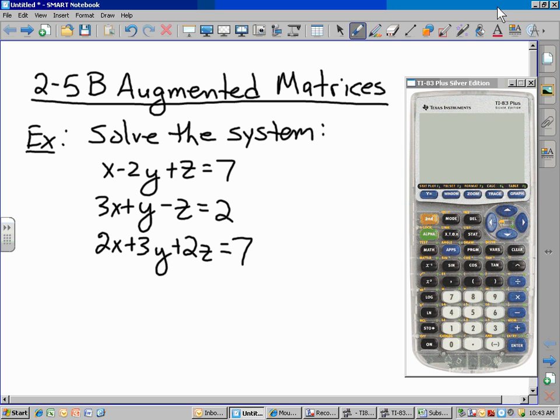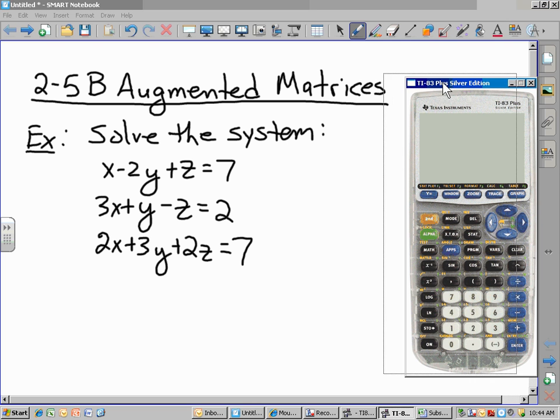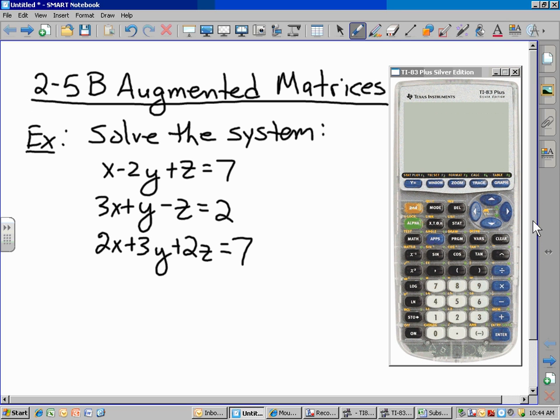All right, so we're going to solve this instead of by hand. We're going to do this using matrices and the graphing calculator.